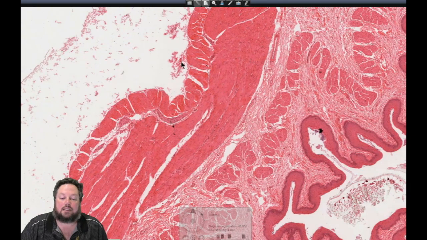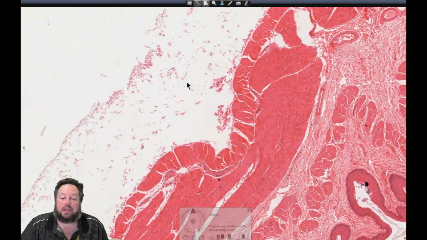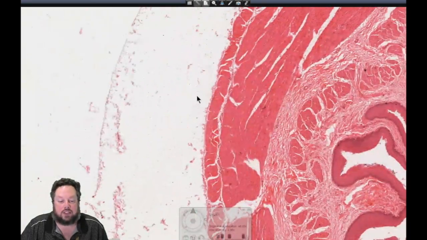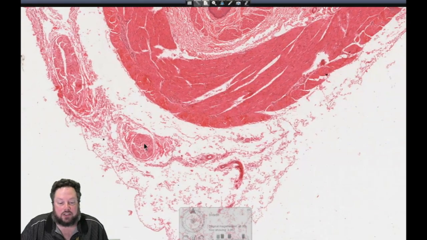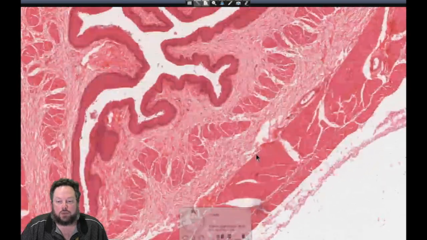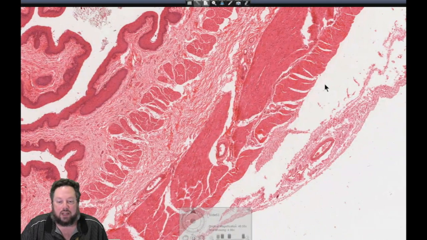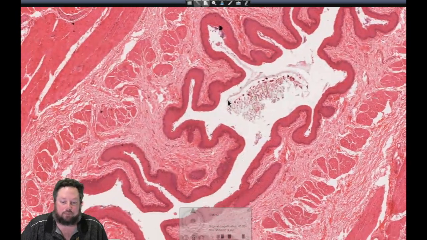Generally in the gastrointestinal tract, it's made up of an inner circular and outer longitudinal layer, although that varies in some areas, particularly the stomach. And then either an adventitia or a serosa. In this case, it's connective tissue, so it's an adventitia. You can see a nerve there and some blood vessels. I don't think they've preserved the adventitia particularly well here.